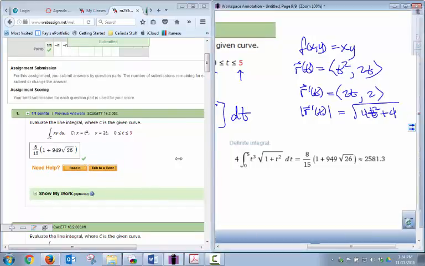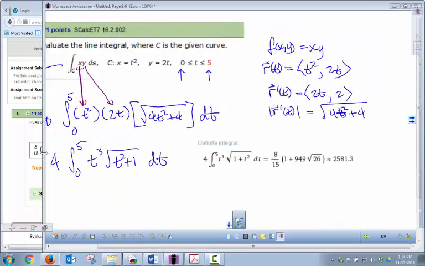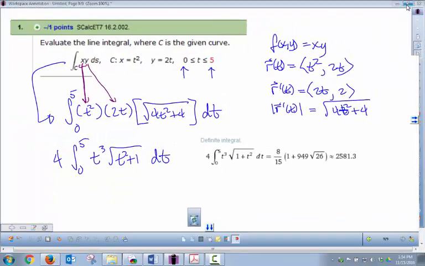Well, good thing you're going to have Wolfram Alpha or something to calculate stuff for you. Yeah, if I asked you to evaluate it. But remember, last test I just asked you to set it up, right?